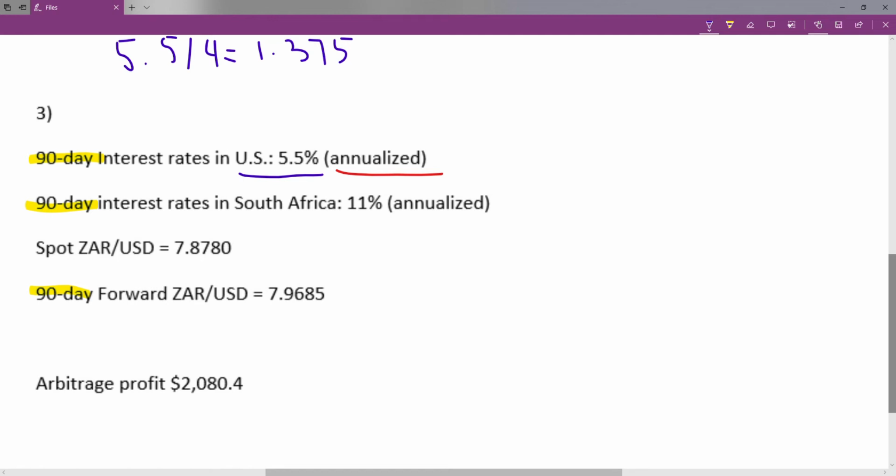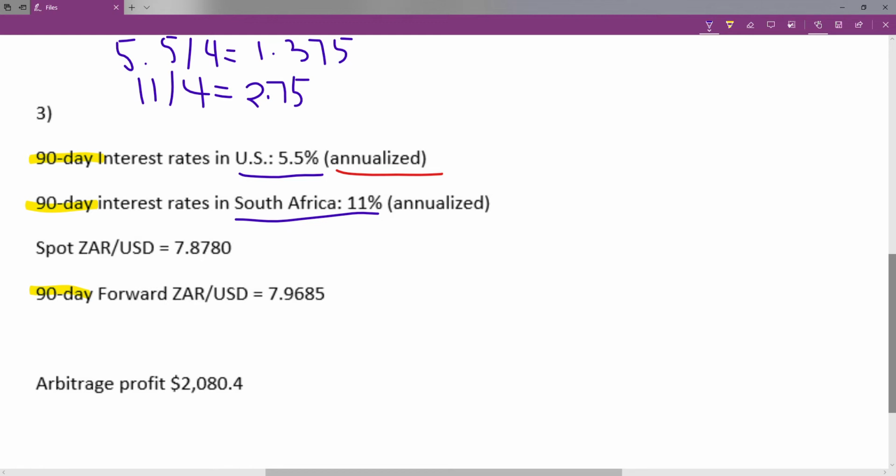So right here, we're only looking for one quarter. And then we're going to take the South African interest percentage, which is 11. So 11 divided by 4 is 2.75. Okay? Now that we have the correct interest that we will be using, we can go ahead and proceed with the problem.